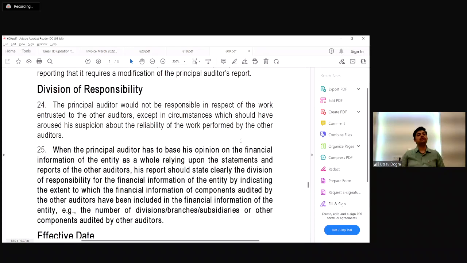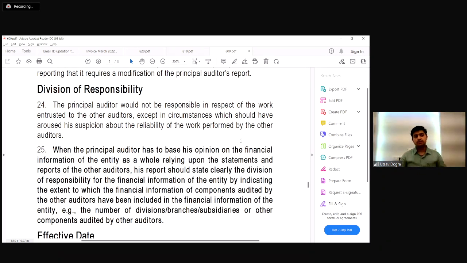The principal auditor would not be responsible in respect of the work that has been entrusted to the other auditor, except in the circumstances which should have aroused his suspicion about the reliability of the work performed by the other auditor. So it's not as such that for the subsidiary or for the branch the principal auditor is responsible; he is just consolidating the other auditor's opinion into the opinion on the entity as a whole. The auditing responsibility was that of the other auditor itself.